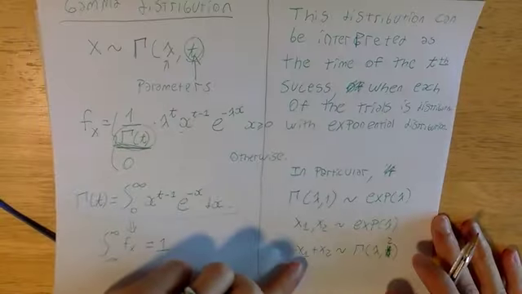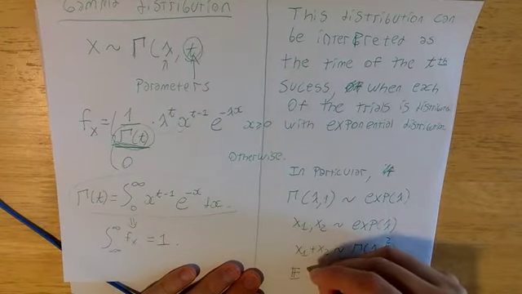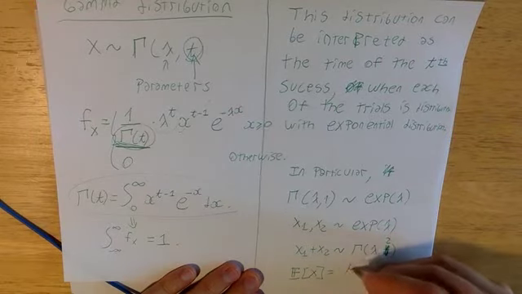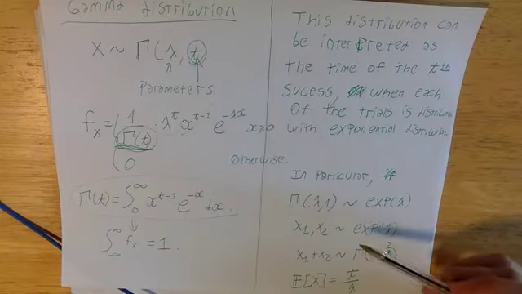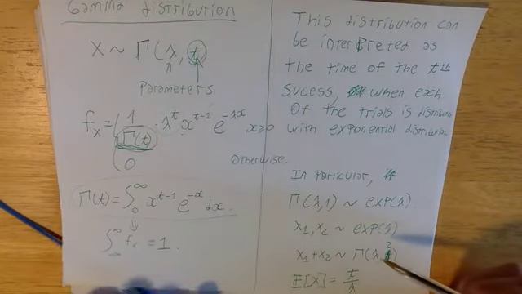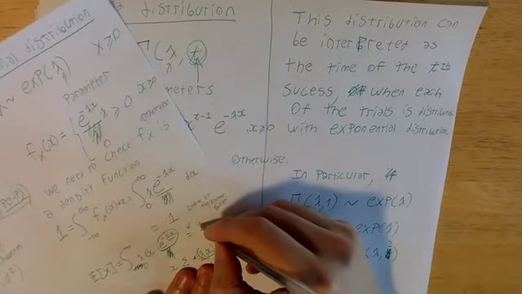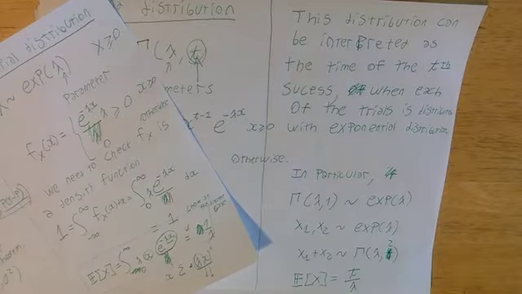What can we see from this relationship? We expect that the expectation of x is going to be t over lambda, because the expectation of the exponential is 1 over lambda.